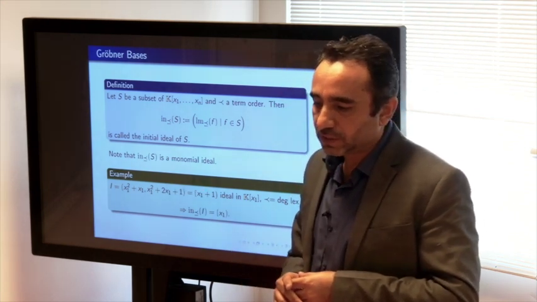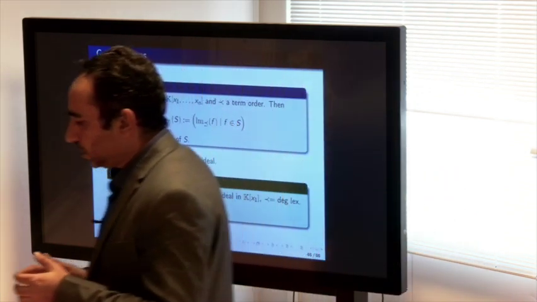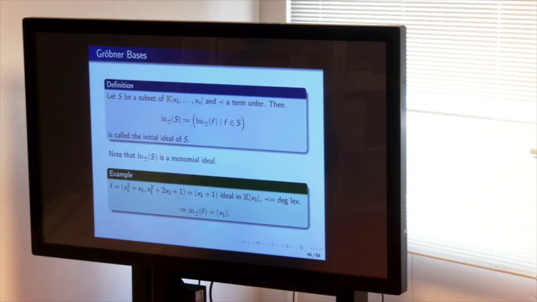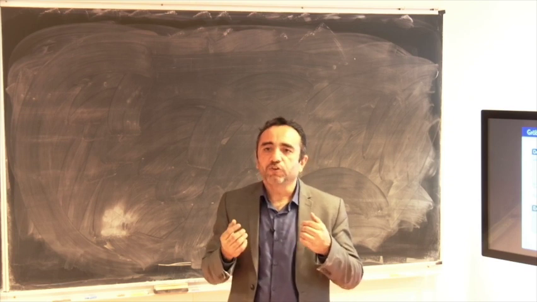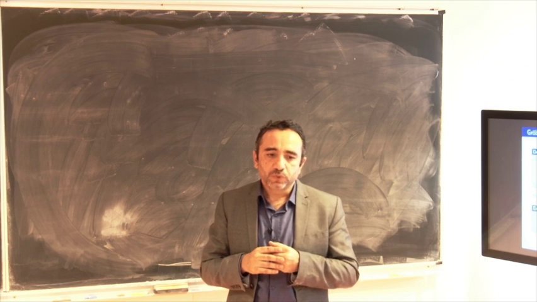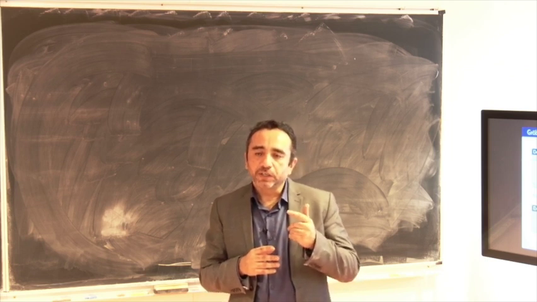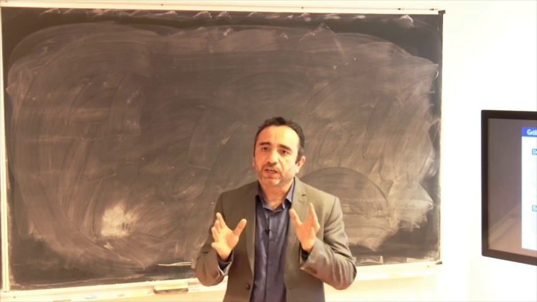So initial ideal means you have a collection of polynomials, or in the form of an ideal, and you define the initial ideal to be the ideal generated by the leading monomials of all polynomials in that collection or in that ideal.